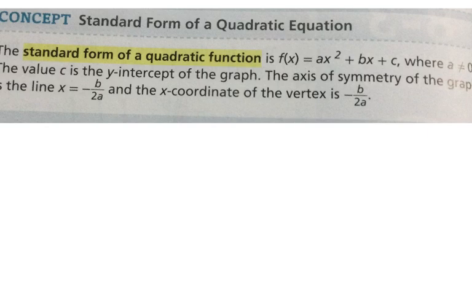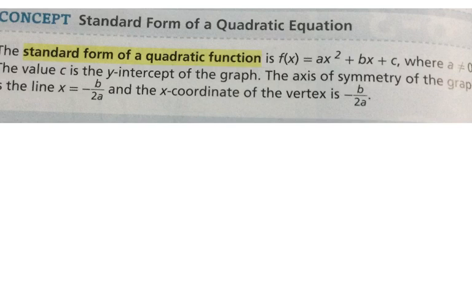So in the standard form of a quadratic function, ax squared plus bx plus c, where your a term cannot be 0, c is the y-intercept. We just learned that. Okay? Next, the axis of symmetry. That's cool. That's something I want to know. Because I know the vertex happens on the axis of symmetry.